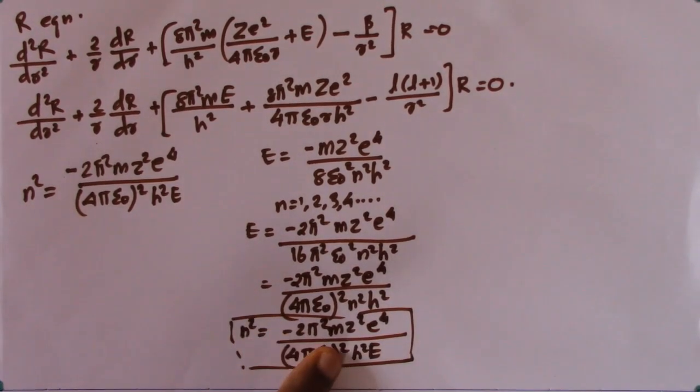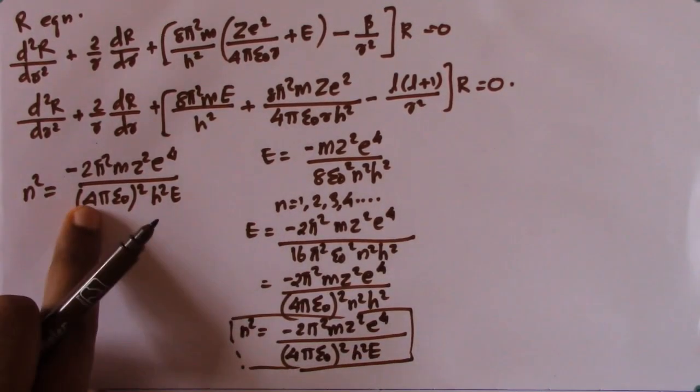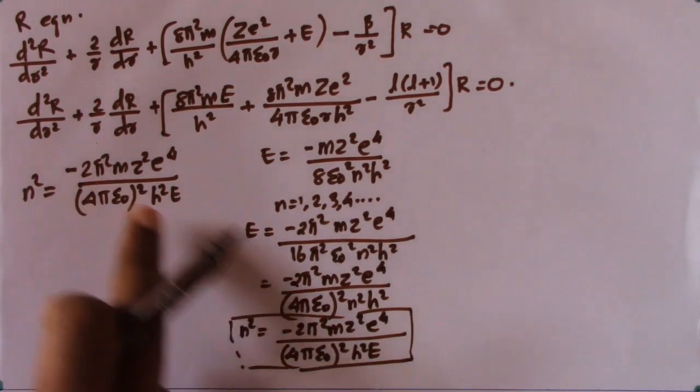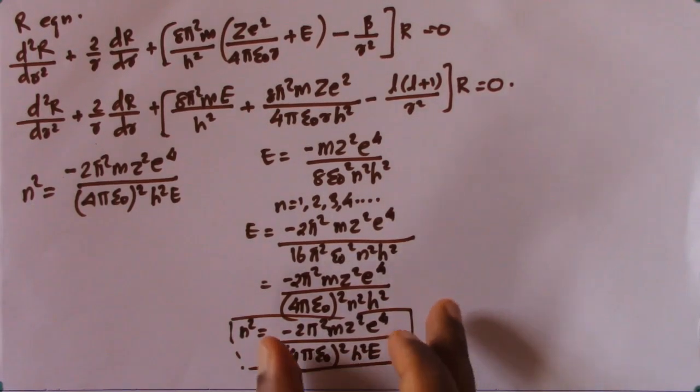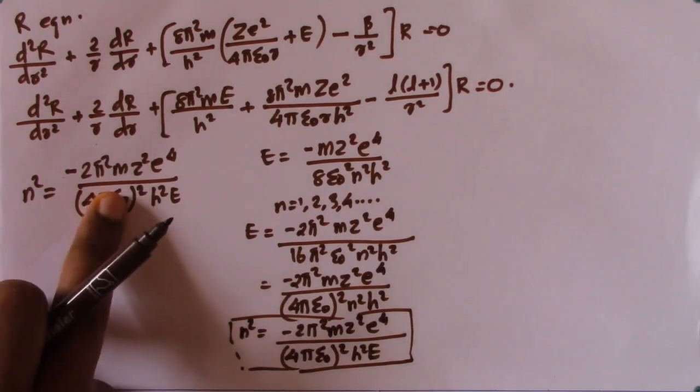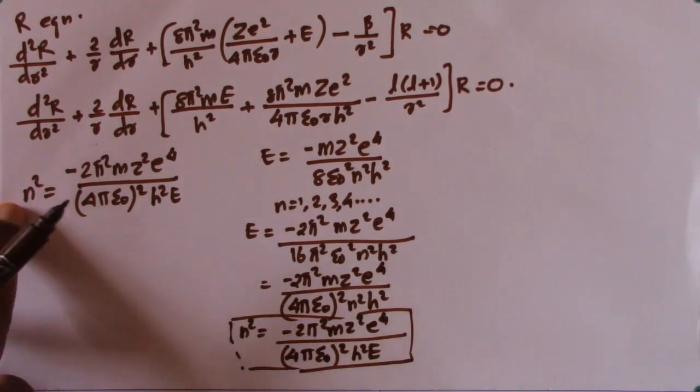Minus 2 pi square m z square e raised to 4 divided by 4 pi epsilon 0 square h square e. Whatever parameters are appearing for the expansion of n square in the Bohr model, I have taken the same set of parameters here also, and I call this n square here itself.